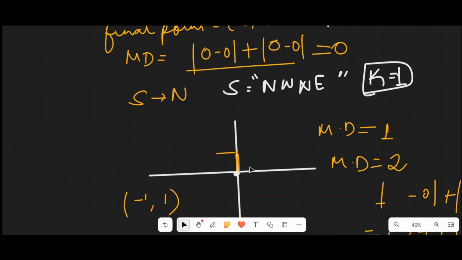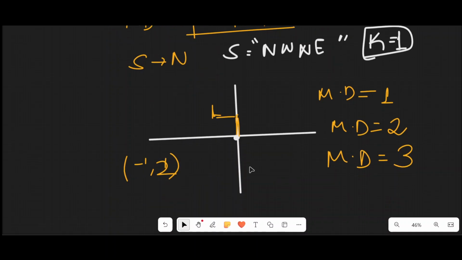Next up, what will we do? We will now proceed north by 1 unit. So the coordinate for this point shall be -1 and 2. So now your new Manhattan distance from the origin shall be 3, right? I just told you the procedure earlier for how I found it.